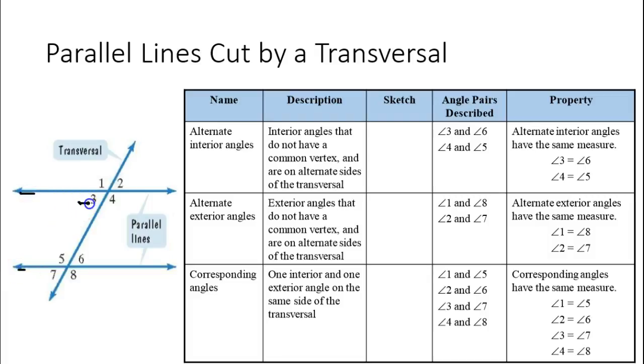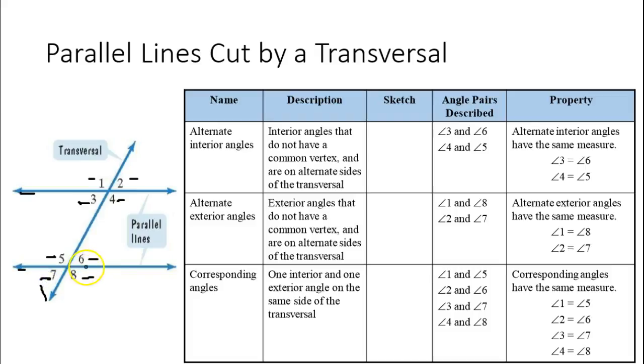Alternate interior angle 3 and angle 6 would be equal. Angle 5 and angle 4 would be equal. Alternate exterior angles are equal. Angle 1 is equal to angle 8 because they're alternate exterior or on the outside. Angle 2 would be equal to angle 7.